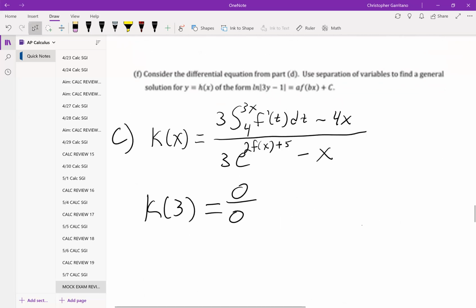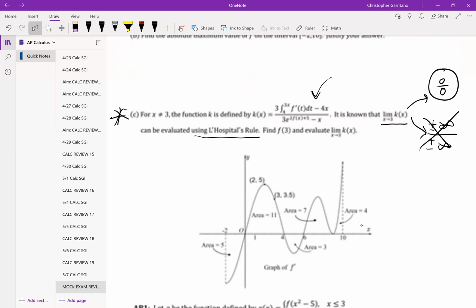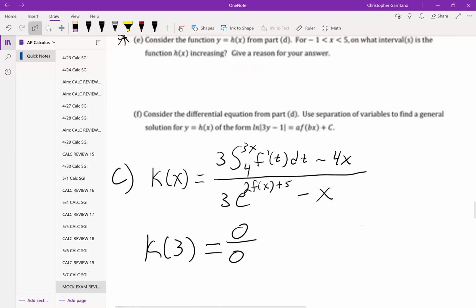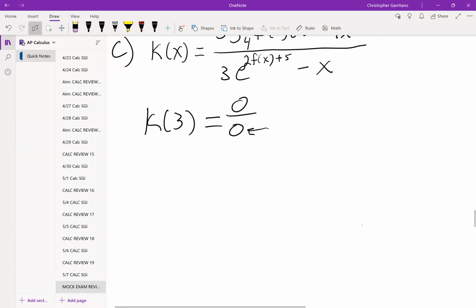All right. How are we going to use that information? Well, the first part of the problem tells us to find f of 3. If you look at the denominator, there is an f of x function, and when we plug 3 into x, that gives us f of 3. We also know that the denominator is equal to 0 when we substitute 3 in for x.